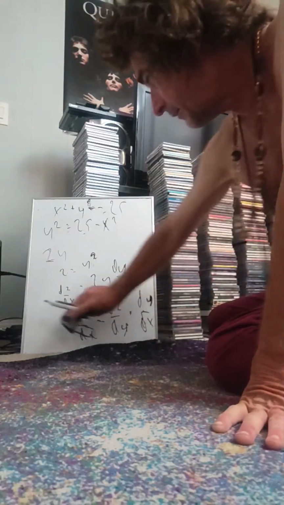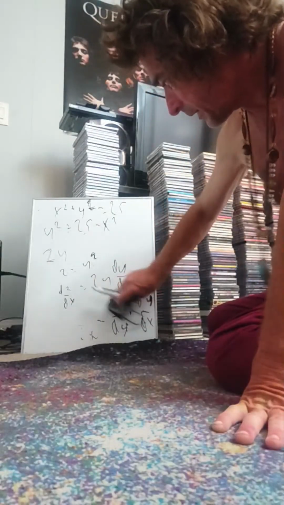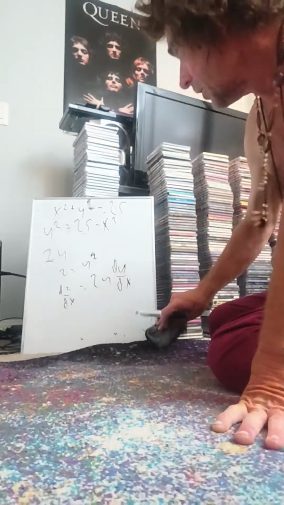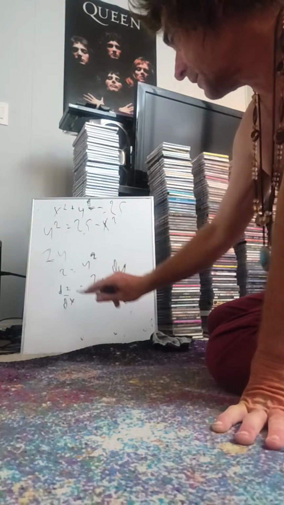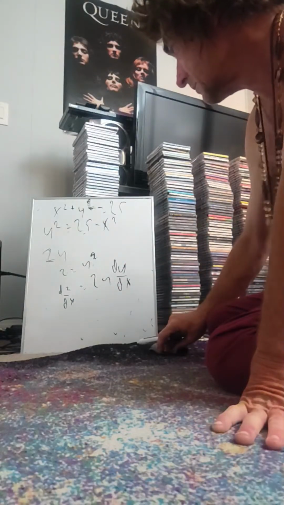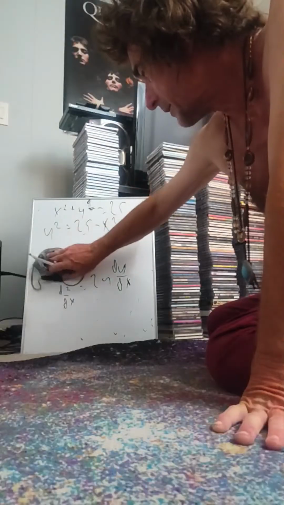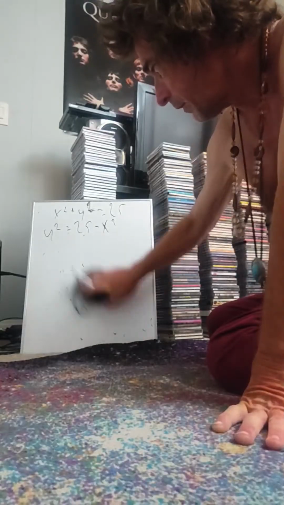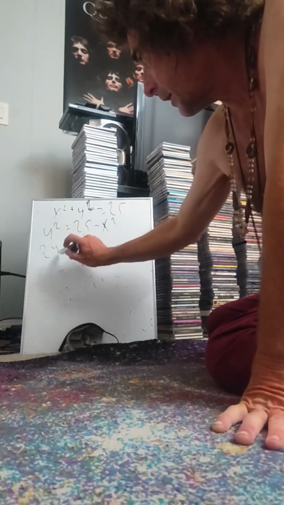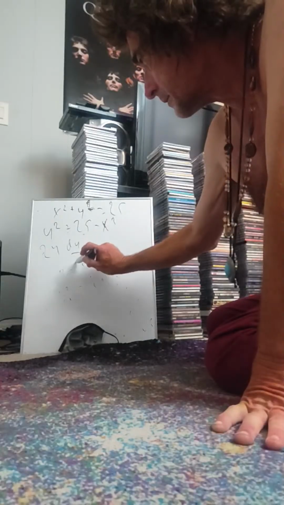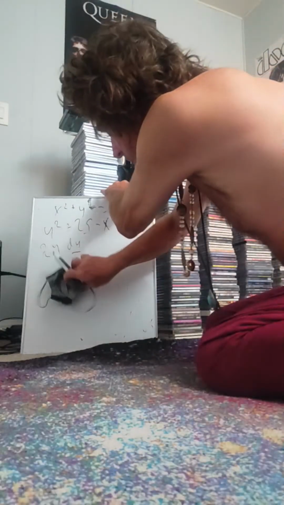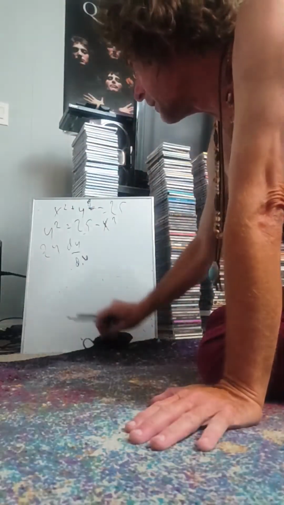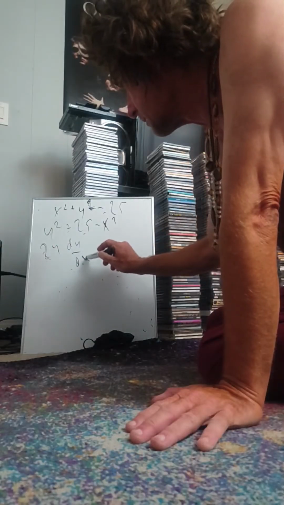So what you have is this: the derivative of y squared is 2y dy/dx. See that? 2y dy/dx.